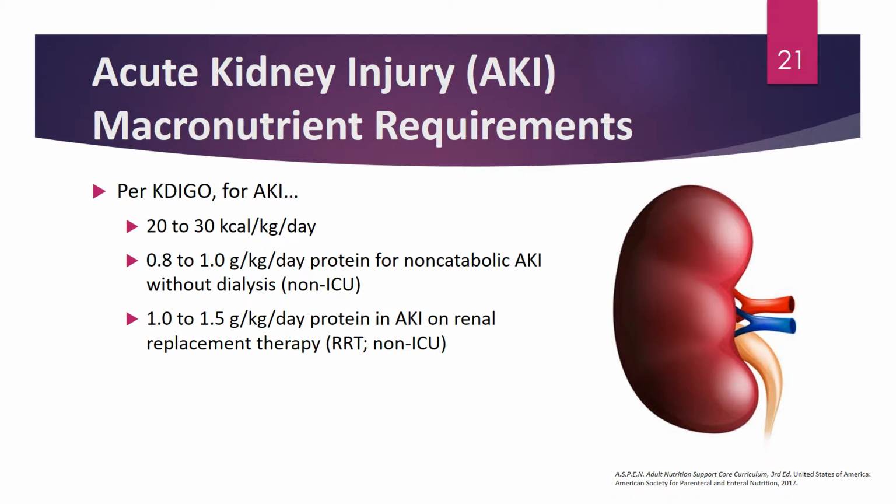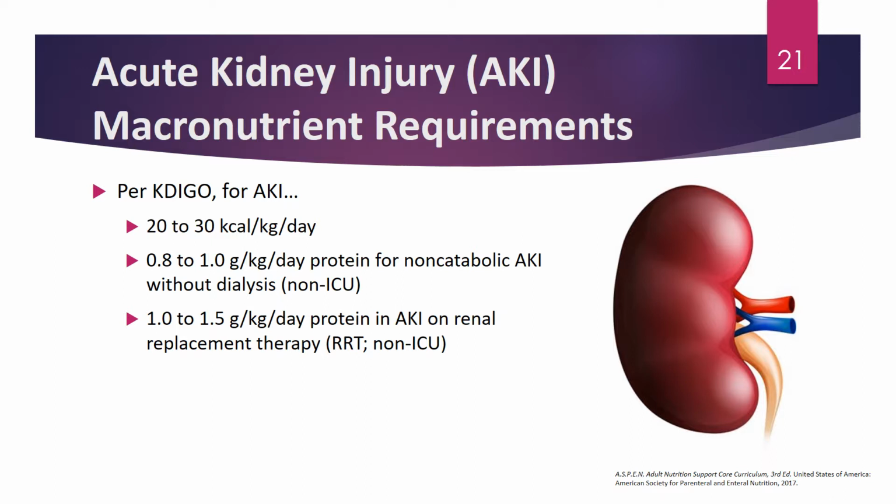If they are getting dialysis related to their acute kidney injury, those protein requirements go up to 1 to 1.5 grams per kilo per day if the patient is not in the intensive care unit. If they are in the intensive care unit, obviously that goes up to 1.2 to 2 grams per kilo per day, and that basically trumps it.